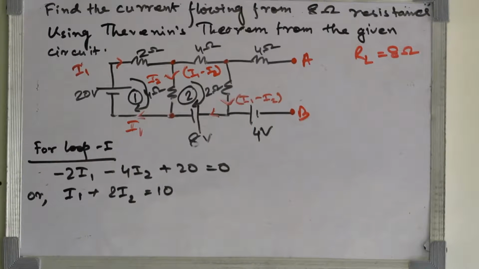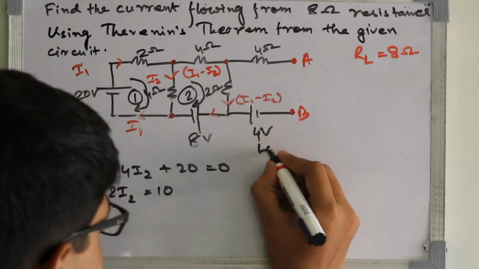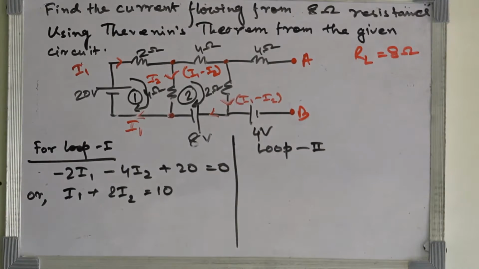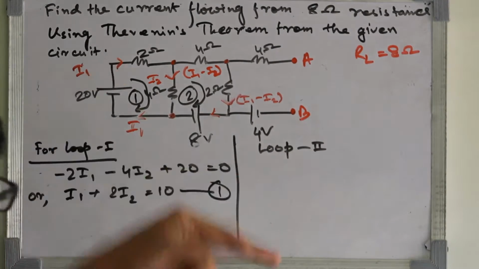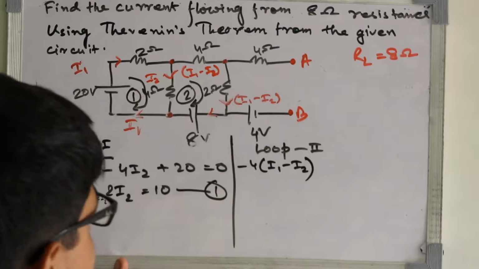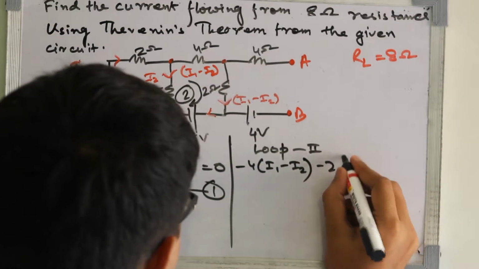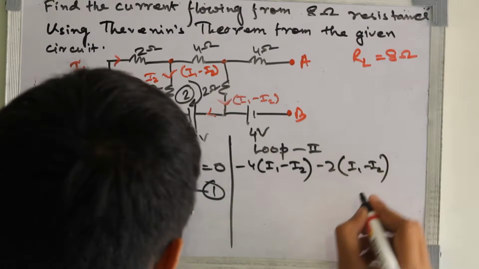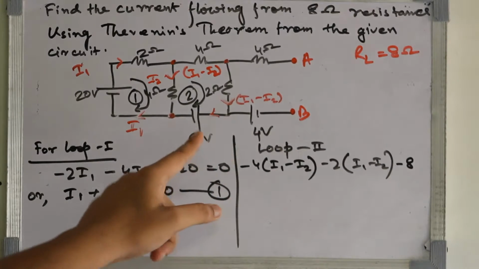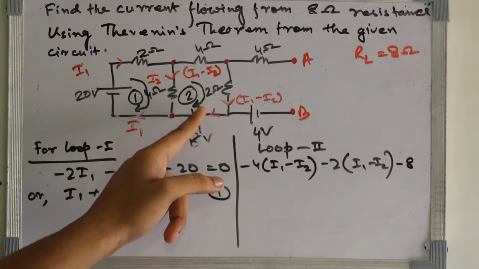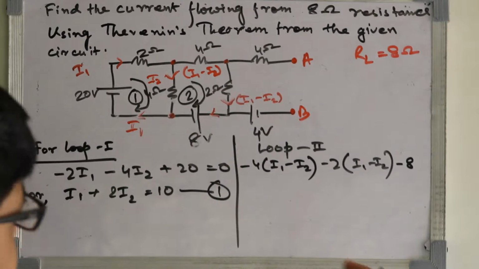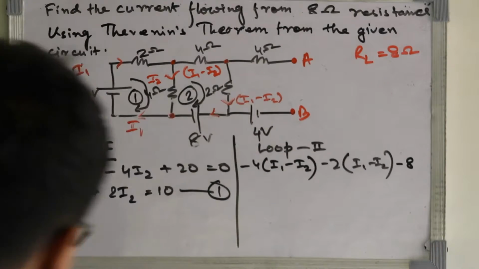This is for loop 1, our equation 1. And for loop 2 our equation will be minus 4(I1 minus I2) minus 2(I1 minus I2) minus 8, because the voltage here, this one is the higher potential, and on the left hand side this one is the lower potential, and the voltage jumps from higher to lower potential, so this is minus 8.